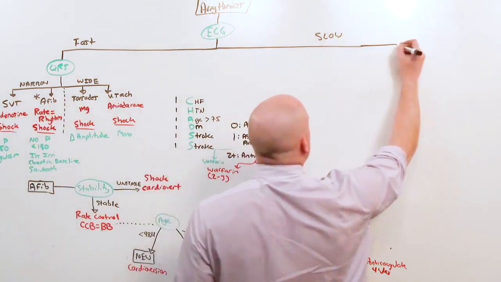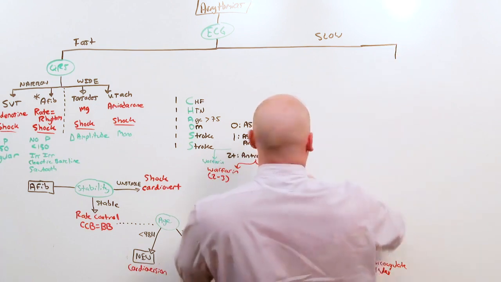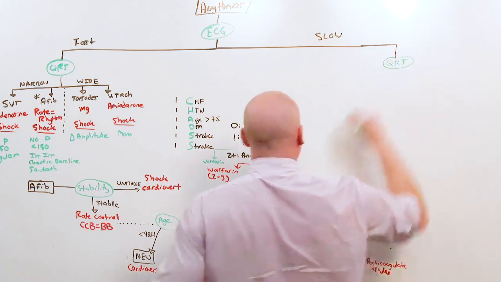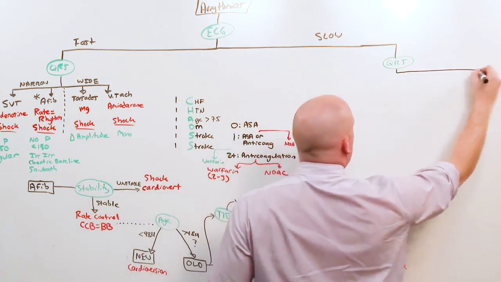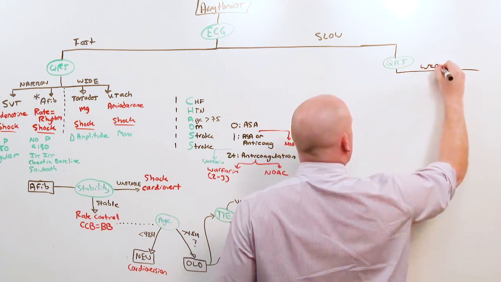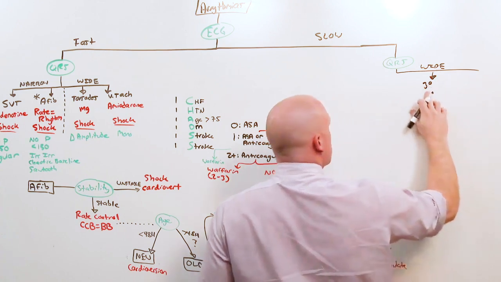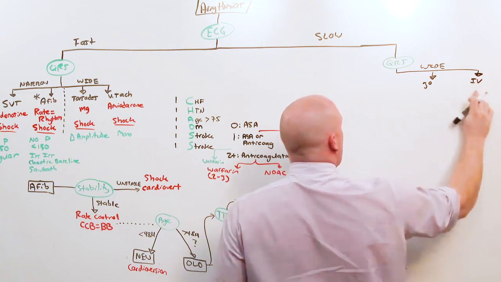Slow rhythms, there's not really a question you have to ask. You could say wide or narrow, so let's take a look at the QRS complex. But it's not really going to change a whole lot. In the wide category, you have 3rd degree AV block, which is complete dissociation, and idioventricular rhythm.